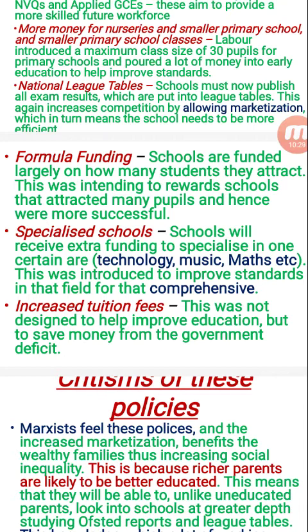And later on in the 1970s, the system changed and merged into one system, comprehensive schools, with the exception of the grammar schools. But they were fewer in number. 233 schools were running in the whole UK.